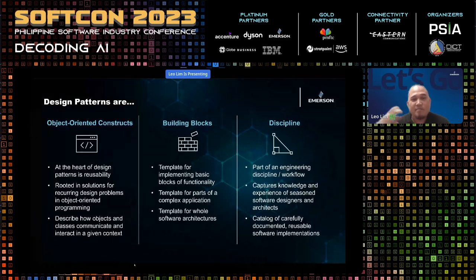In this regard, design patterns really describe how objects or classes in an object-oriented environment communicate and interact in a given context. To me, the second point is they are really like building blocks. Like I mentioned earlier, they're not part of any code library, though maybe you can have a catalog of design patterns.